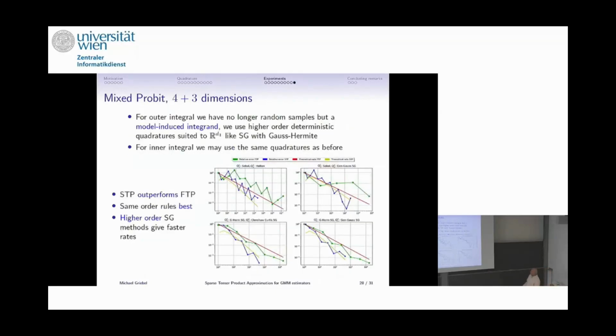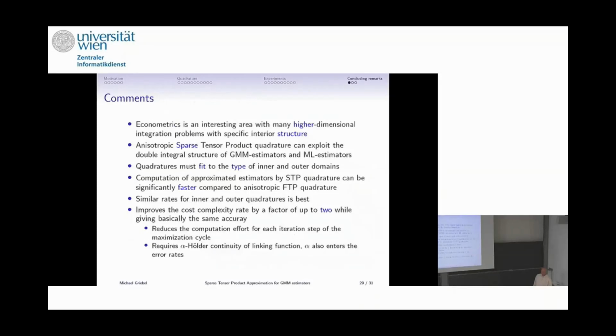Higher order for sparse grids gives faster rates. If the two quadrature orders are roughly the same, then we get the biggest gain, and altogether we get a much faster convergence rate. This brings me to the end of my talk.